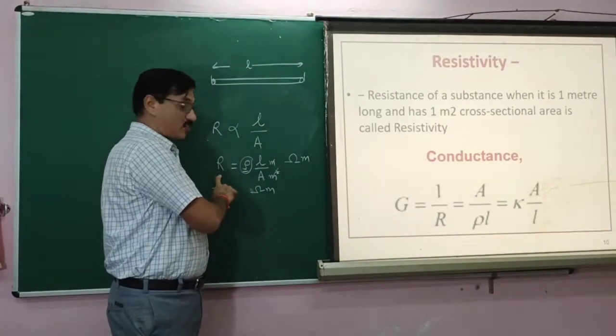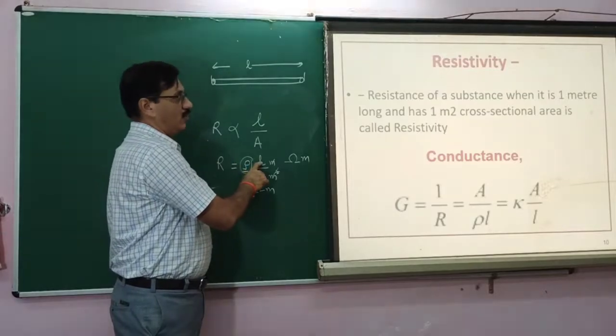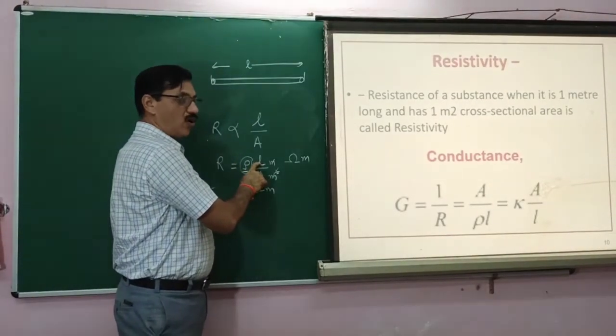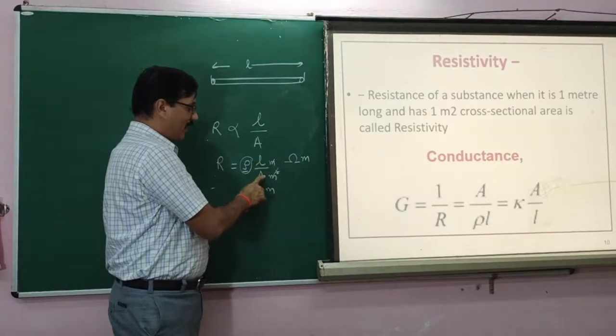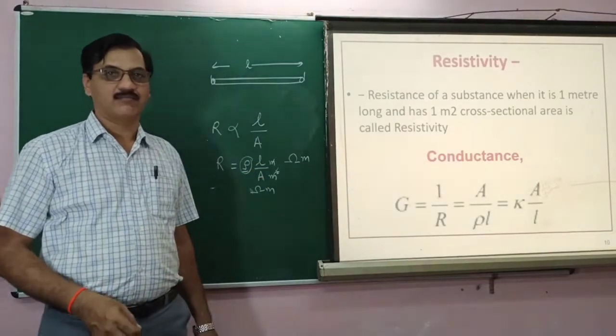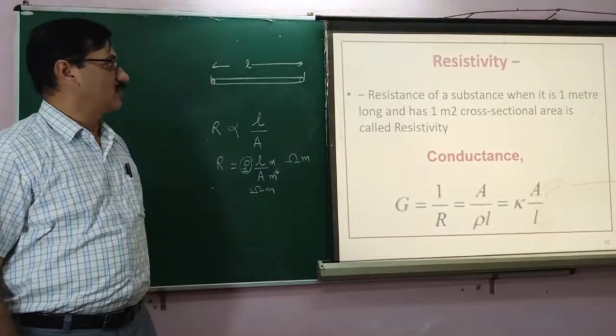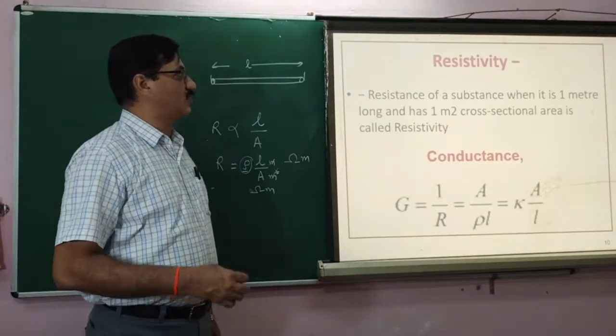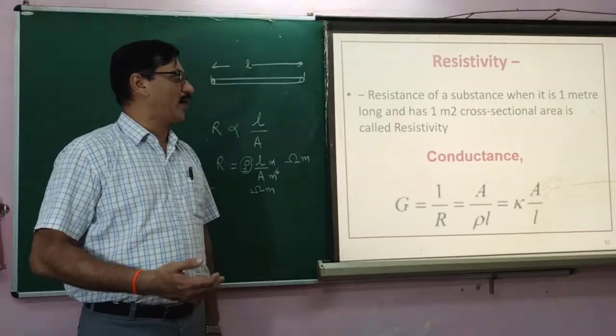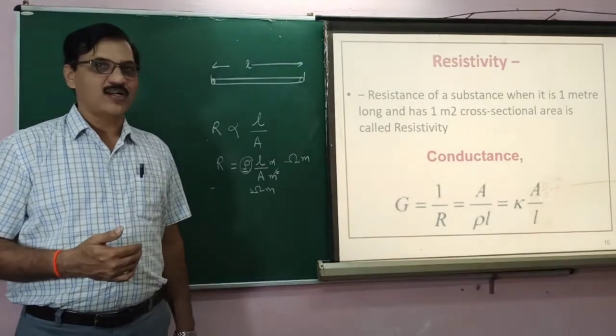Resistivity is the resistance of a substance of 1 unit length and having a cross-sectional area of 1 unit square. That is, when it is 1 meter long and has 1 meter square cross-sectional area, the resistance is called resistivity.